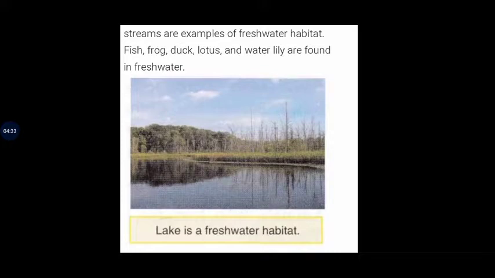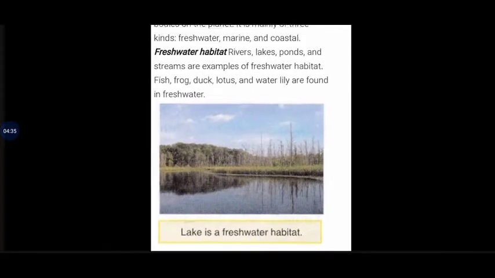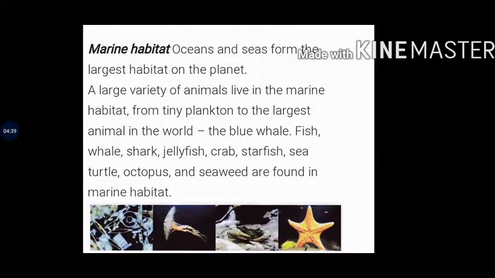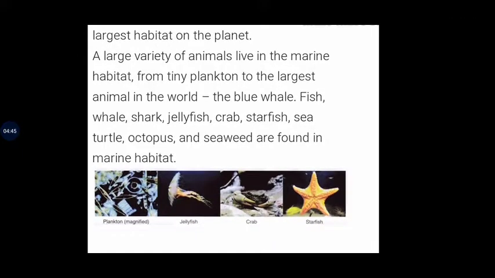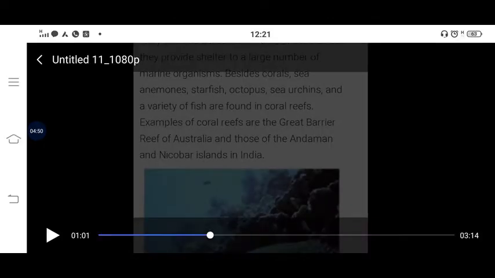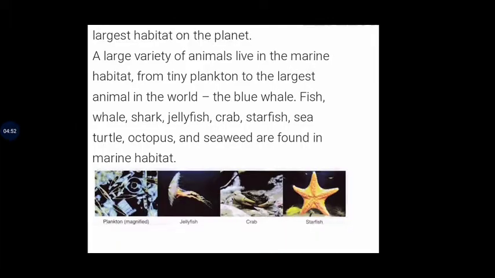Now in the marine water habitat, we see the ocean and seas forming the largest habitat on the earth. A large variety of animals live in the marine habitat, from tiny planktons to the largest animals.